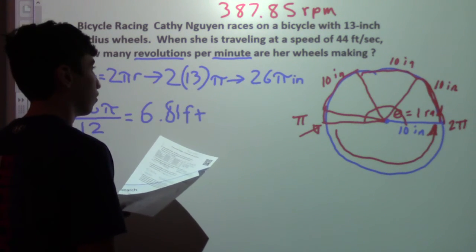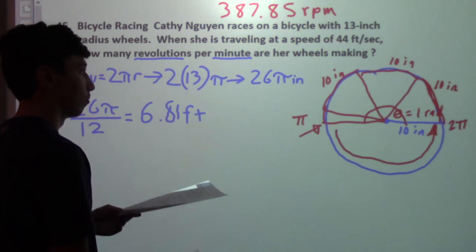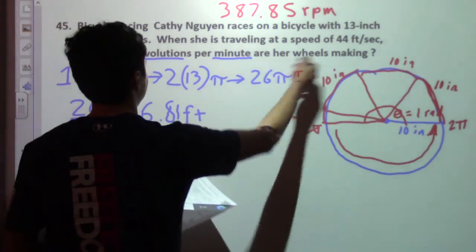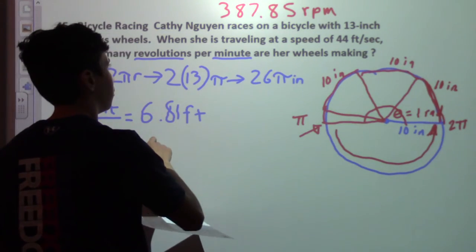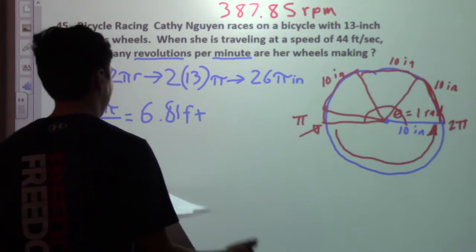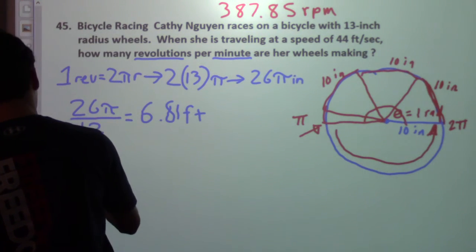Is everybody okay with that so far? So then you divide 44 by 6.81 to find how many revolutions per second you're going.